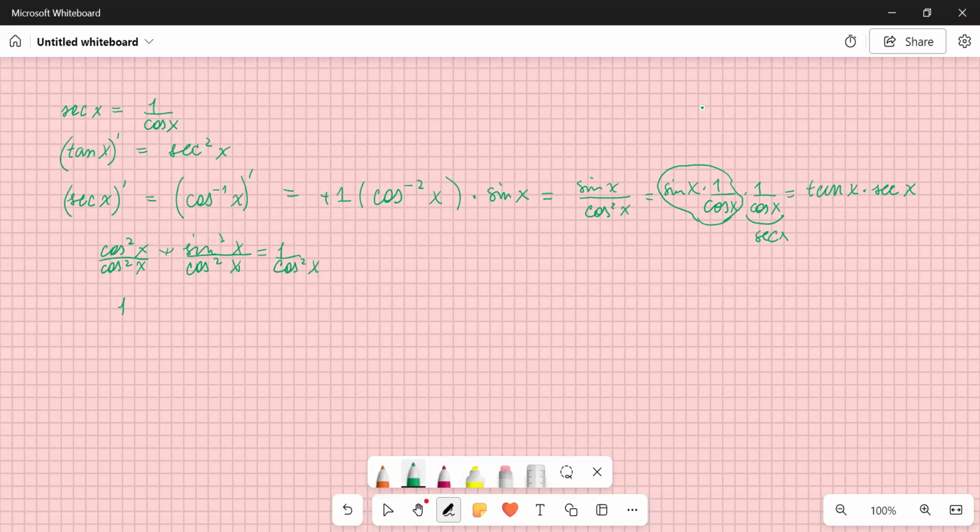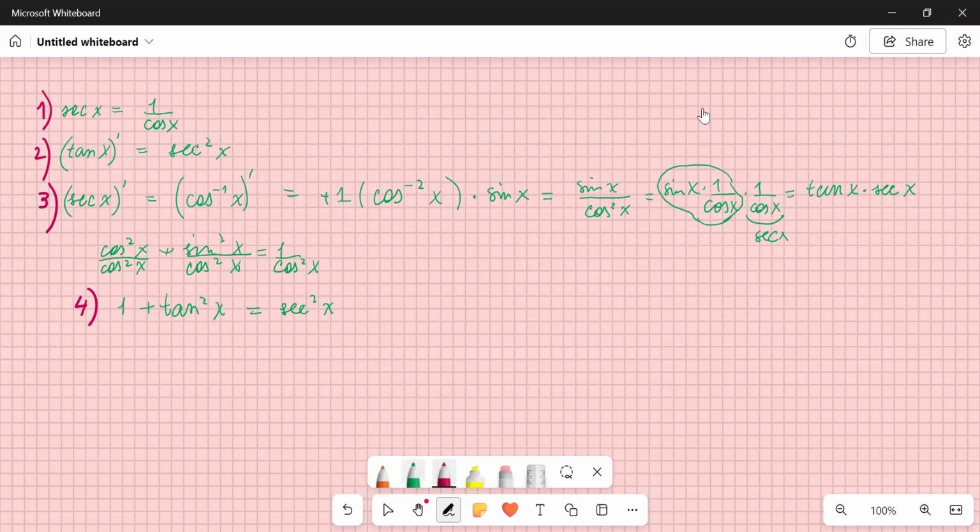We are going to have 1, right? Here, sine over cosine is tangent, and squared it gives tangent square. And this side is going to be secant square of x. It's 1 over cosine, and because it's squared, it's secant square of x. This is the fourth fact that we'll need to use today. So fact number 1, fact number 2, fact number 3, and fact number 4. Fact number 3 is actually the final answer over here.